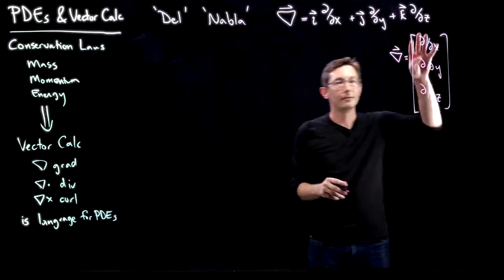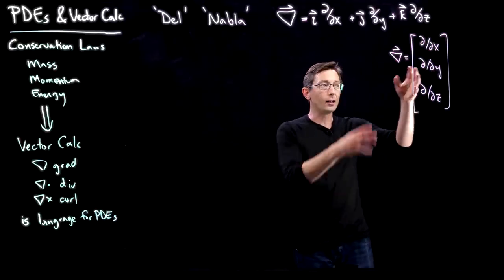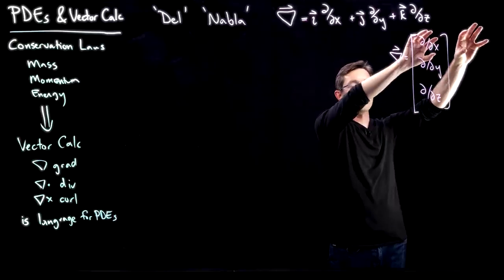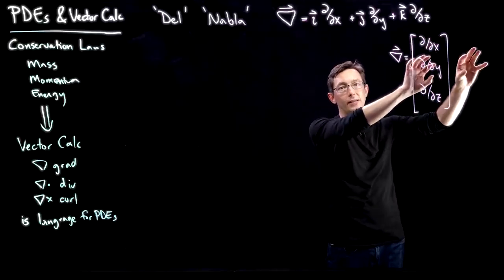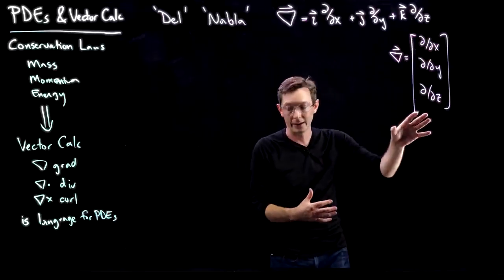If I dotted it with another vector, it would take partial x of the first component plus partial y of the second component plus partial z of the third component. This can be treated like a vector.